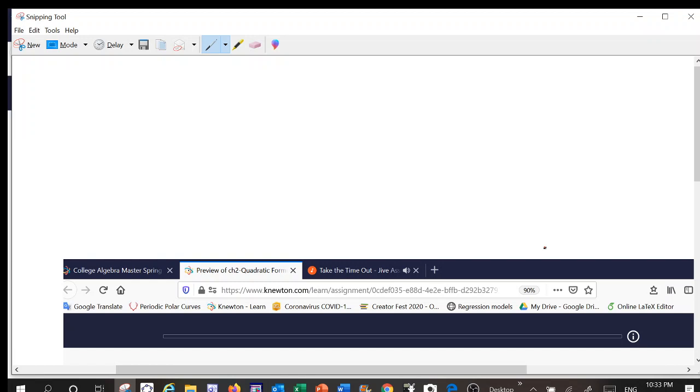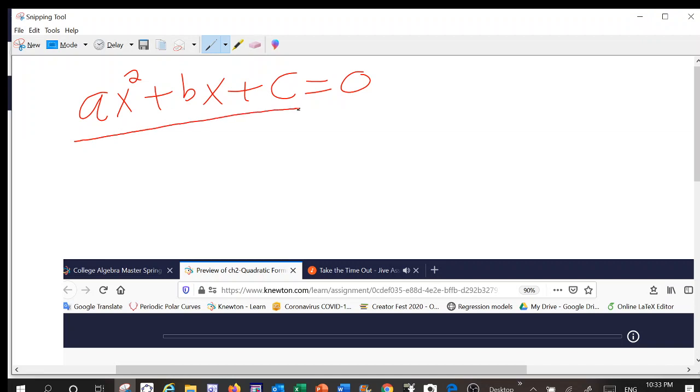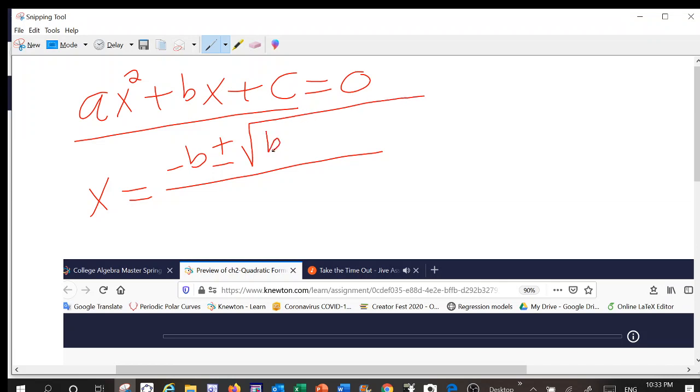Well, quadratic formula has to do with solving equations that look like this, which are quadratic, right? Now, if we can write it in this form and apply the completing the square to it, the previous section, we can end up with a formula that we can always use instead of applying completing the square all the time.